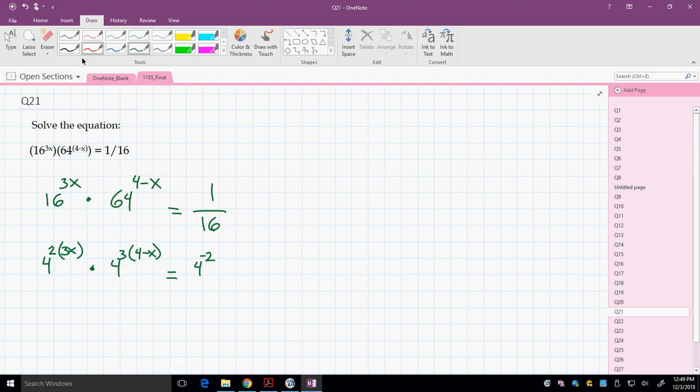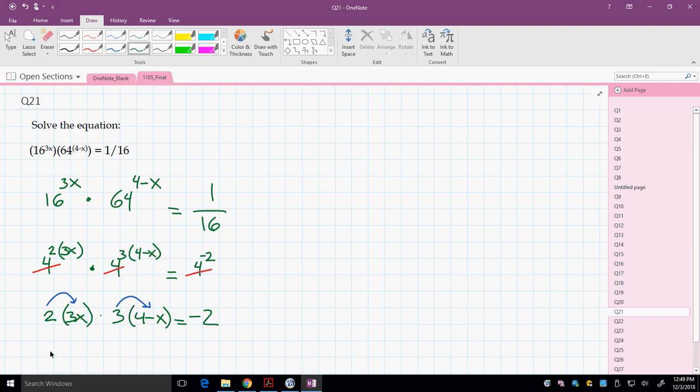Now the base of every single term is 4, so that means I can cancel all of them, and the exponents are going to come down. So now I have 2, 3x, and remember all this is multiplying, so I have 3, 4 minus x, and this is equal to negative 2. So I will solve for these. I'm going to distribute everyone in here.